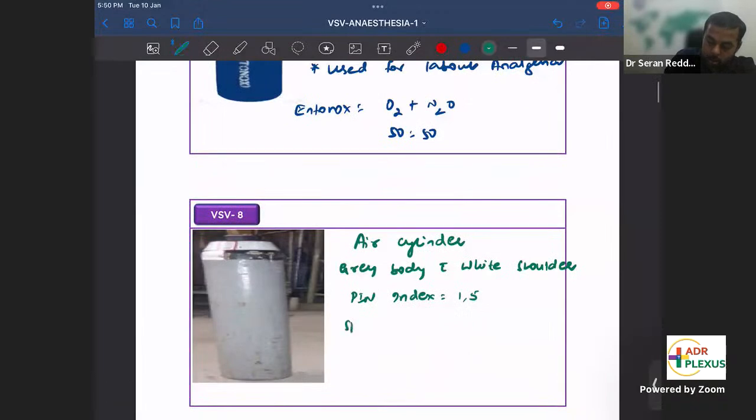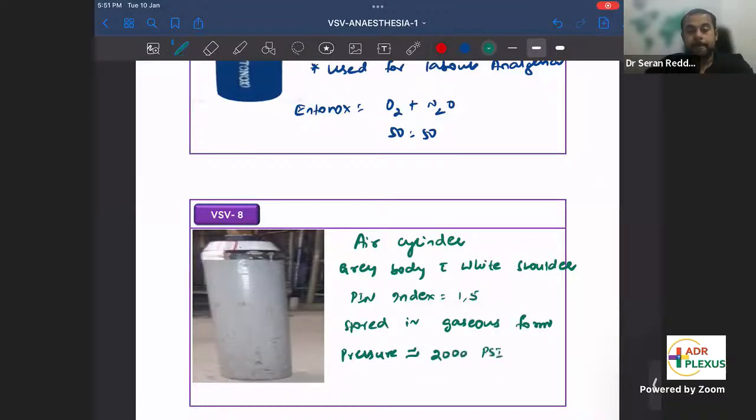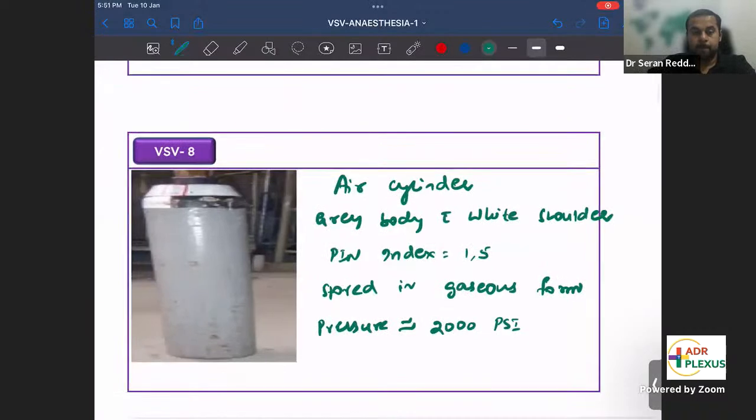This is stored in gaseous form, pressure approximately 2000 psi. So again, the air cylinder: gray body with white shoulder, pin index 1.5, stored in gaseous form, pressure approximately around 2000 psi.